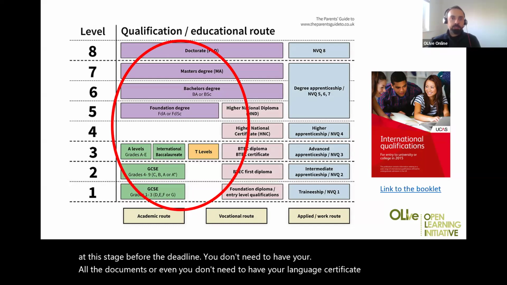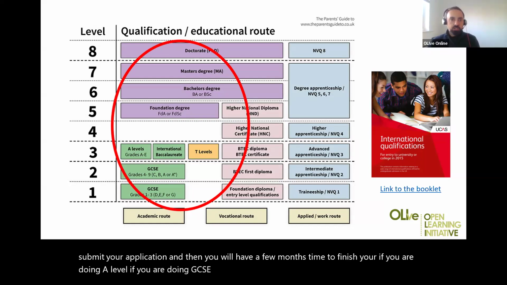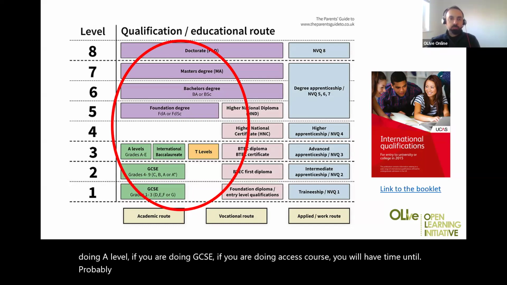You can submit your application, and then you will have a few months to finish your A levels, GCSEs or access course. You will have time until probably midsummer to have all the documents ready for accepting your offer.